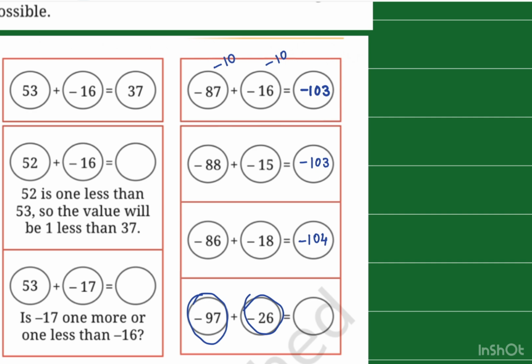So for the answer, minus 103 minus 10 minus 10, that is minus 10 minus 10 is minus 20. So the answer will be minus 103 minus 20. So the answer will be minus 123.